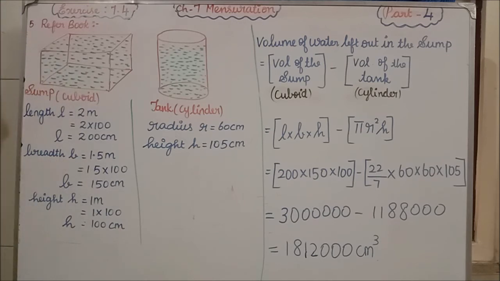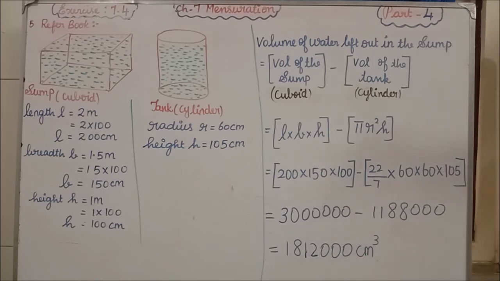Isn't it, students? For example, if you are giving some chocolate to someone, then how much chocolate you have again, how will you find? By subtracting. So the same concept only. Volume of water left out in the sump is equal to volume of the sump minus volume of the tank. We have to subtract both the volumes. Clear?